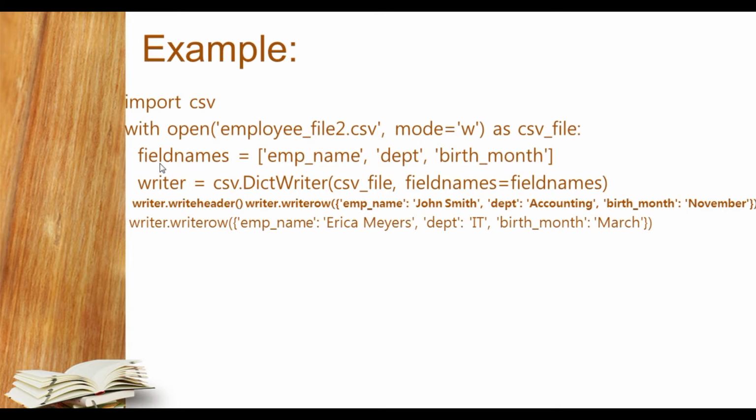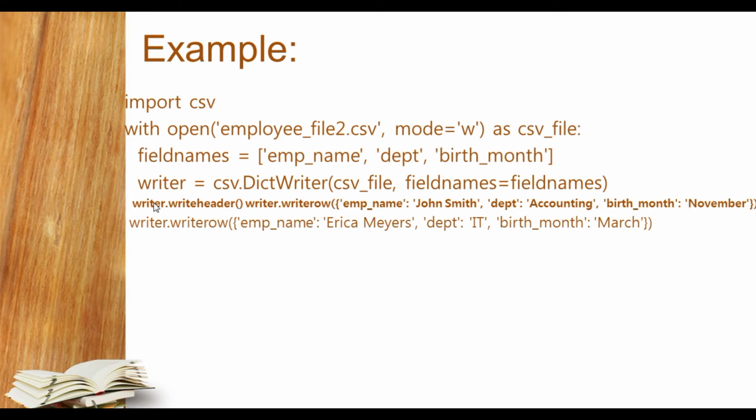Now I have used the writer object as a variable equals csv.DictWriter, then csv_file as the argument, then comma, fieldnames equals fieldnames. Here this fieldnames represents the variable, and this fieldnames represents the default argument.